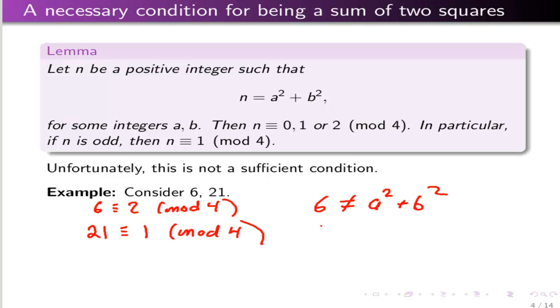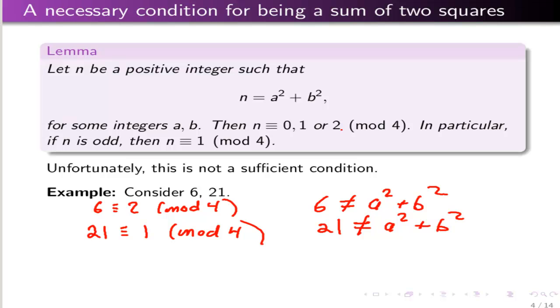But can you get 21 as a sum of two squares? So you've got 16 plus 5, 9 plus 9, and you quickly dispense with all possible things, and it's not a sum of two squares. Okay, so we don't have an if and only if statement of this type.